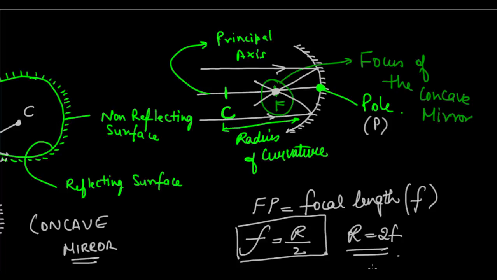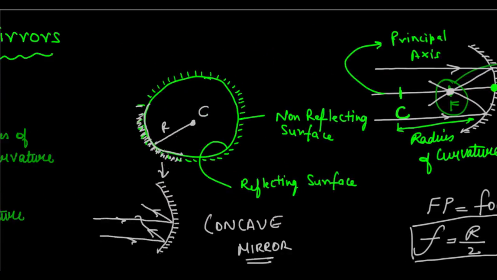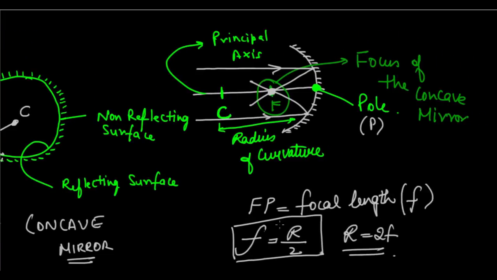Now one more thing. Can you see that this is the center of curvature of this concave reflecting surface, and this is the mirror. It has been seen that the focus is in front of the mirror in case of a concave mirror.